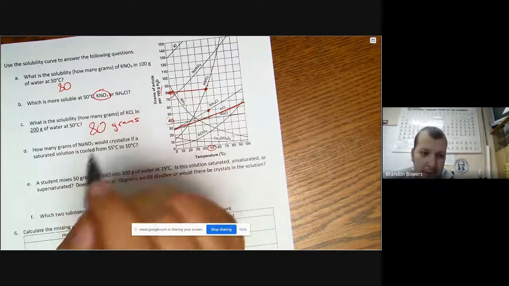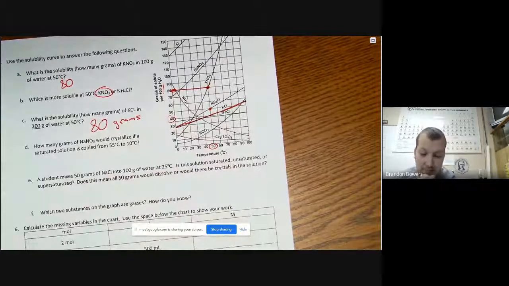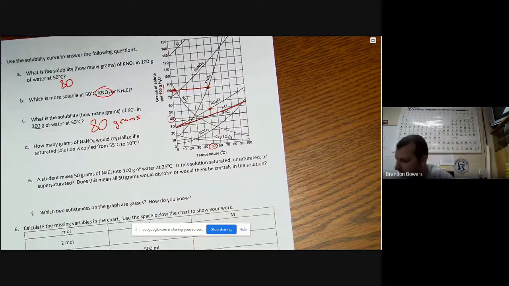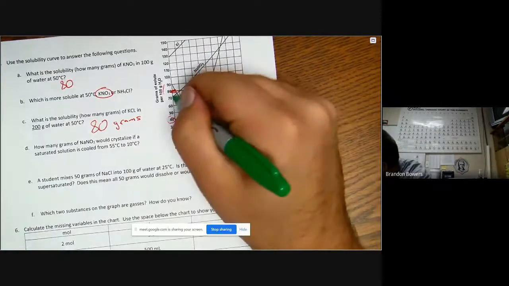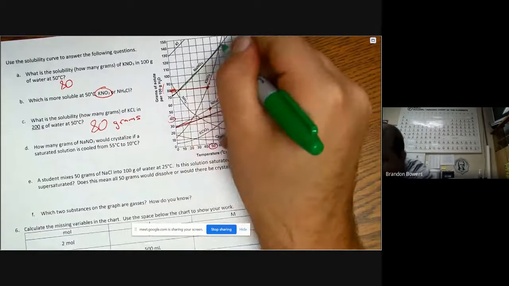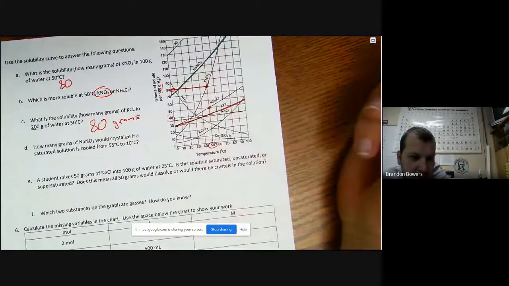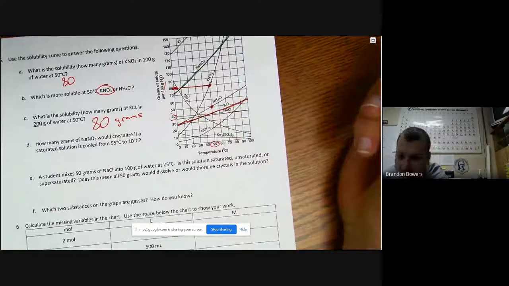Okay. Next question. How many grams of NaNO3? Okay, so I'm going to use a different one. NaNO3 is up here. Okay. How many grams of NaNO3 would crystallize if a saturated solution cooled from 55?